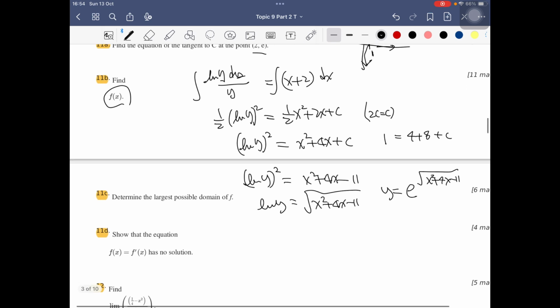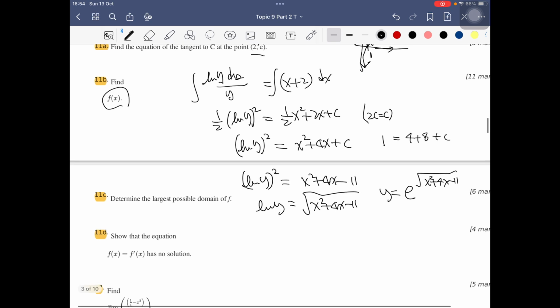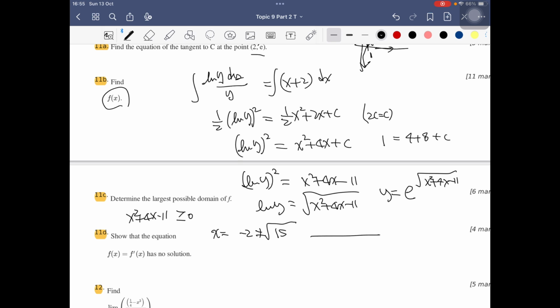For the largest possible domain of f, because we have something in the square root, x squared plus 4x minus 11 should be larger than or equal to 0. When we apply the quadratic formula, we get negative 2 minus square root 15 and negative 2 plus square root 15.